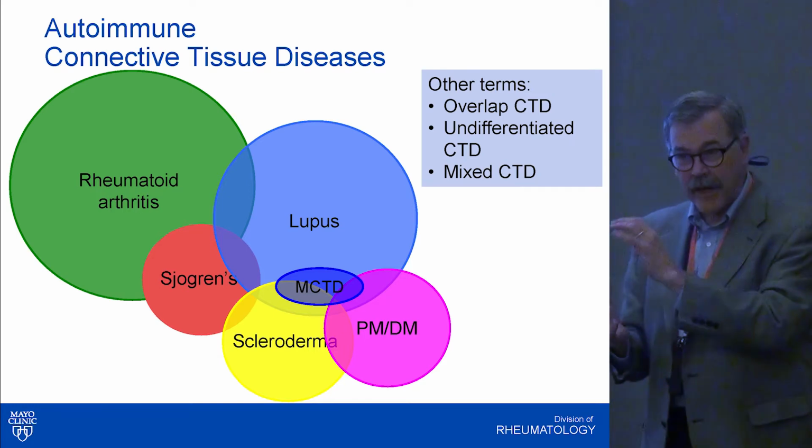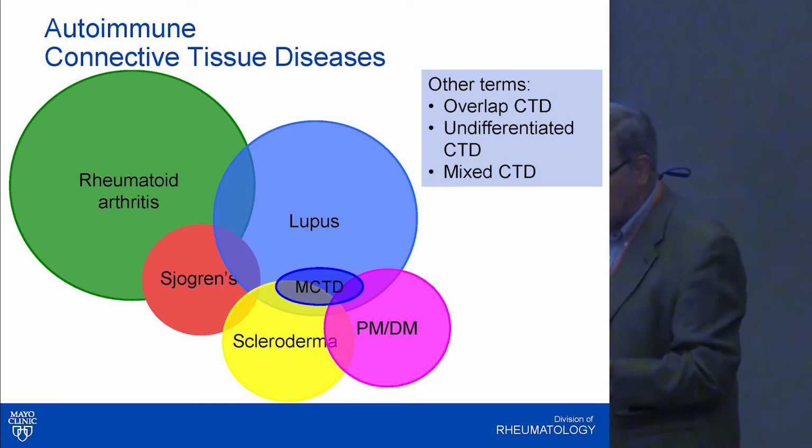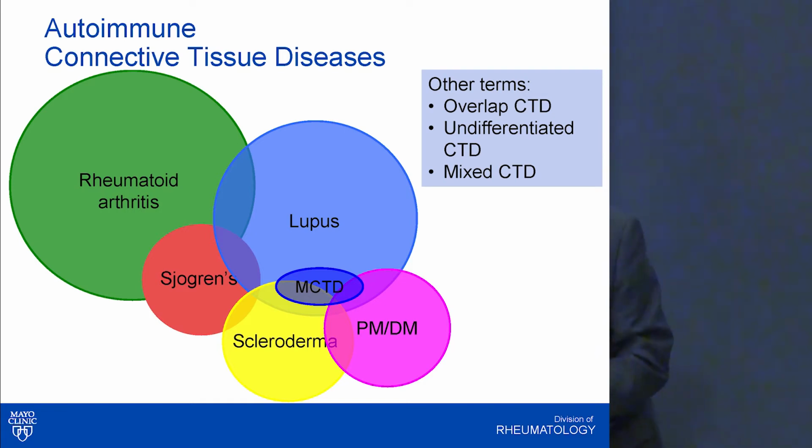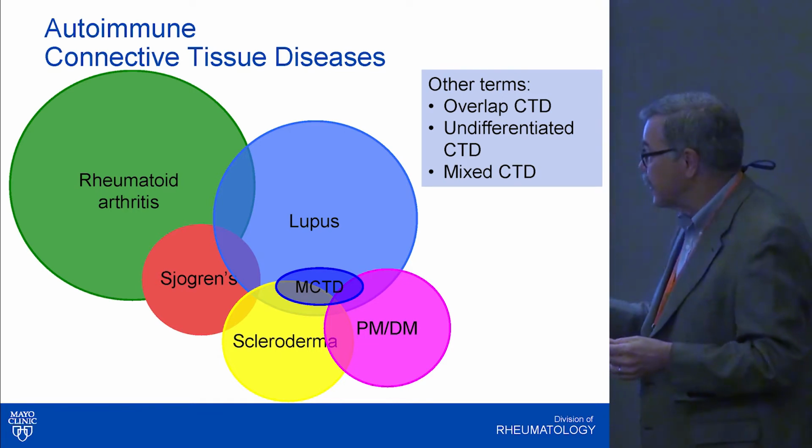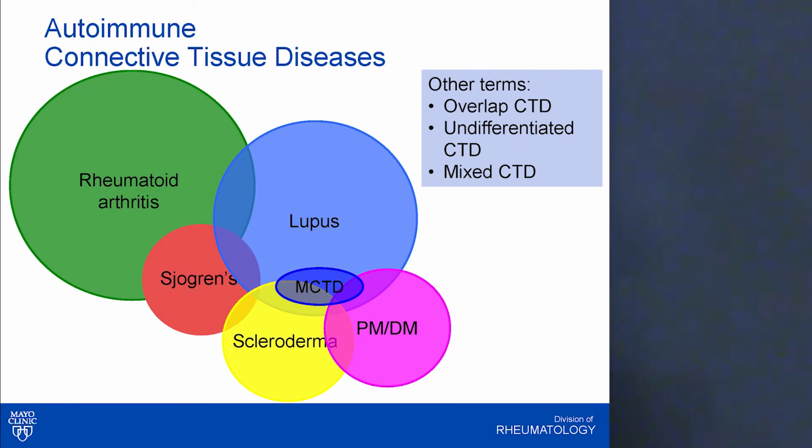I can't draw the diagram so they each touch each other, but there can be features of all of these in patients with myositis. So we'll sometimes use this term overlap connective tissue disease, and to me that means there's enough that I could make a diagnosis of polymyositis, let's say, and I could make a diagnosis of lupus. That's overlap.